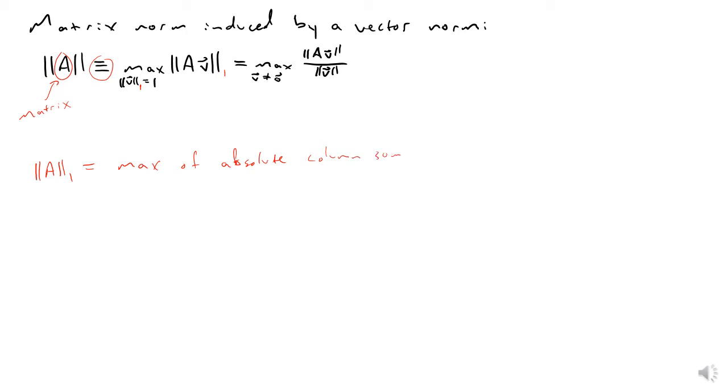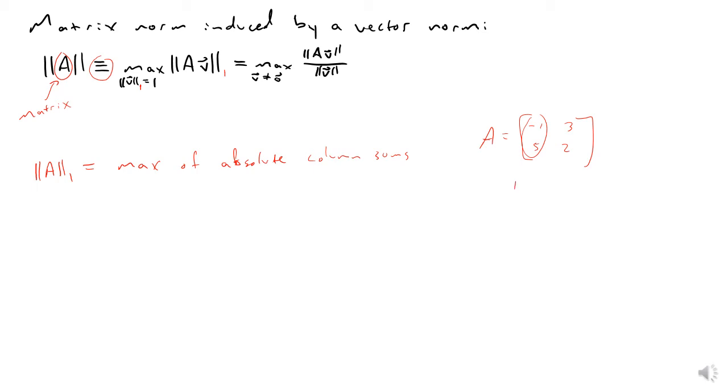So what does that mean? That means if I have the matrix with entries -1, 3, 5, 2 as my matrix A, then for the max of my absolute column sums, let's just take each column, take the absolute value of each entry and add them up.